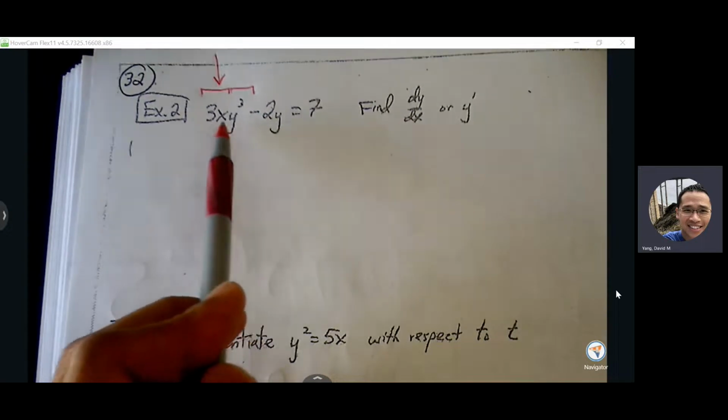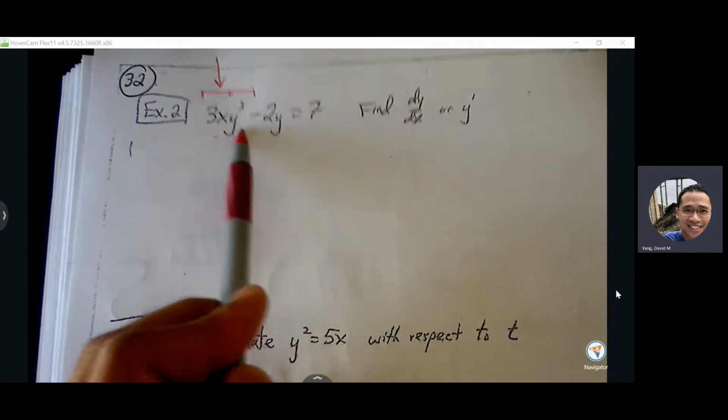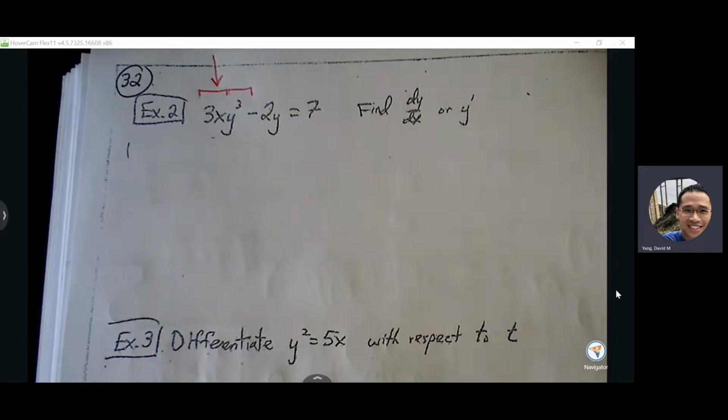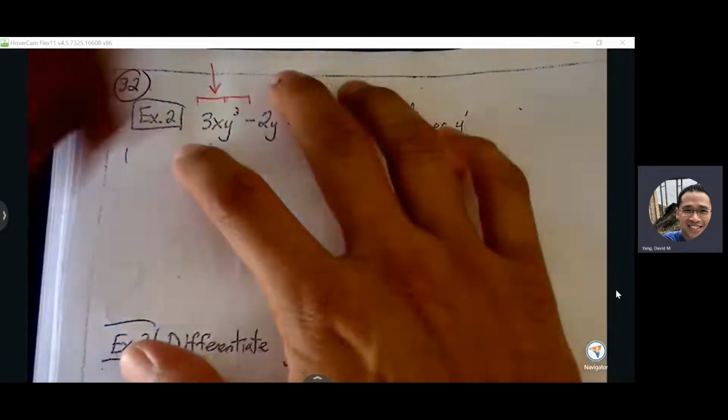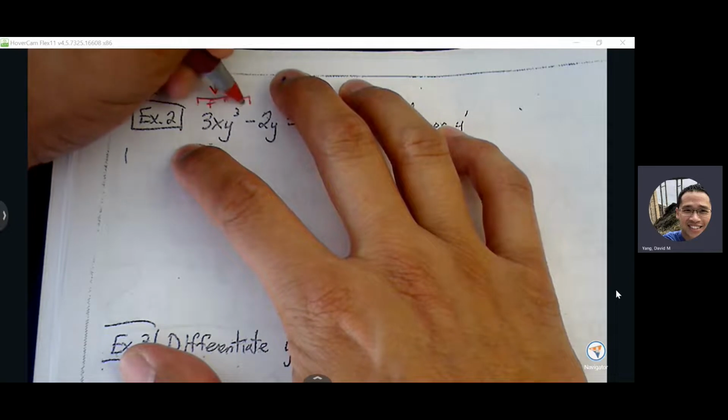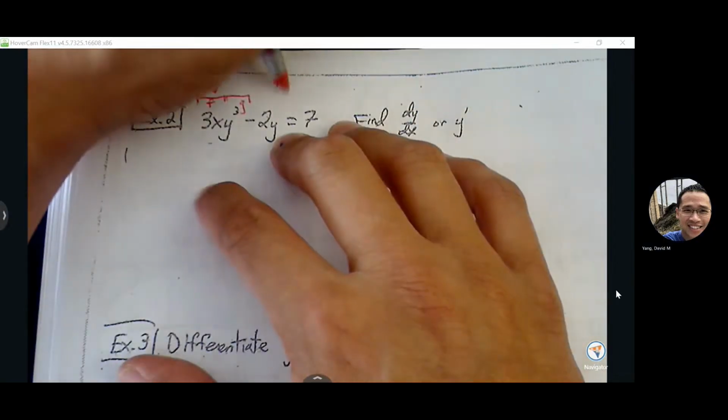Because we have two different variables and they're being multiplied with each other. Now, if it was 3x times x cubed, I'd be able to merge them together and just do power rule. But here, 3x and y cubed are different variables. They cannot be merged into the same variable, and they're being multiplied. So that's going to require us to go through a product rule.